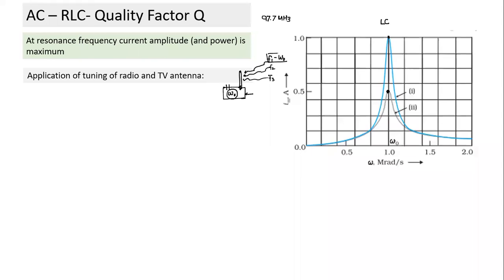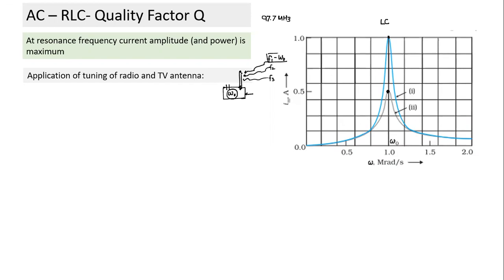That is in the case of forced oscillation. When we match the natural frequency to the frequency of transmission of a radio station, only that frequency signal gets amplified. All others are small; you don't listen to them. That's what tuning means: we match the natural frequency of the receiver set to the transmitted frequency.